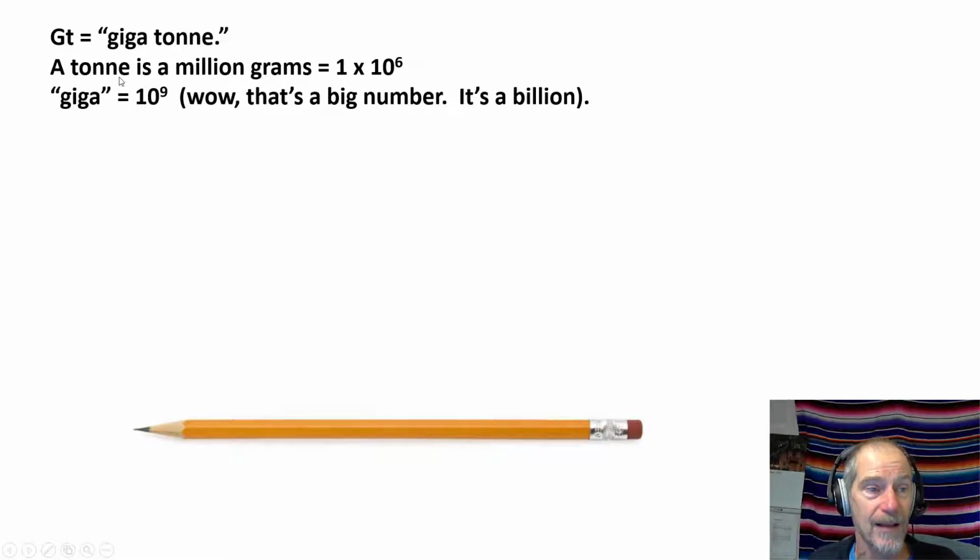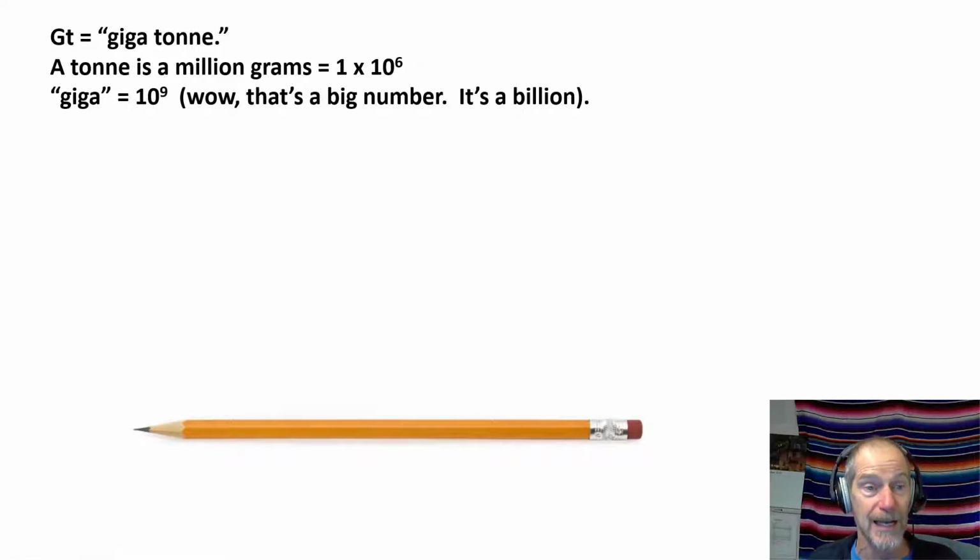Okay, so that's a tonne, but I've got a gigatonne. What's a gigatonne? Giga is 1 times 10 to the 9, and that's a big number. That's a billion. So a gigatonne is a million billion grams. That's certainly a big number.